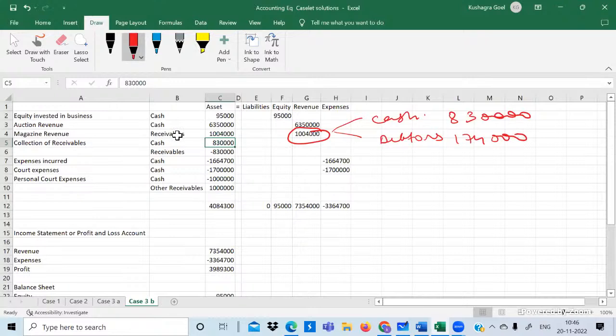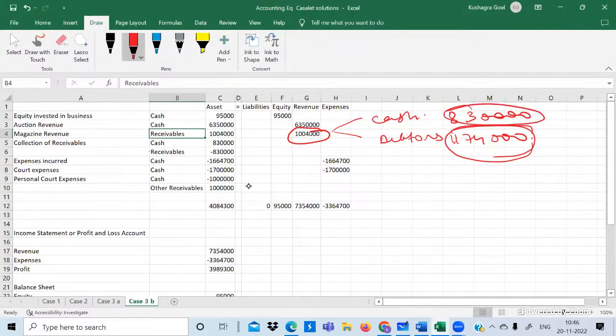First, I'm saying that whatever amount I've sold, it's an income for me, and I'm assuming that nothing is being received. Then I'll say, out of this 10,04,000, some amount is received, which is 8,30,000, and this 8,30,000 out of this receivable has been received. So this 1,74,000 is still outstanding, and 8,30,000 has been received. That's the breakup.